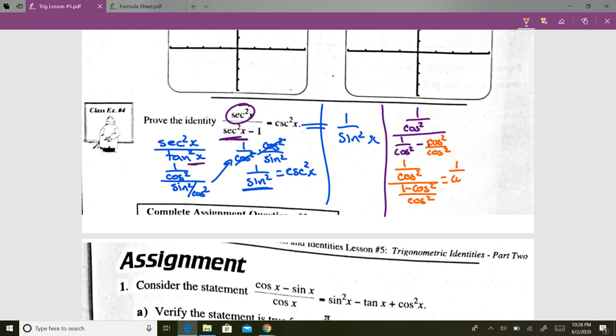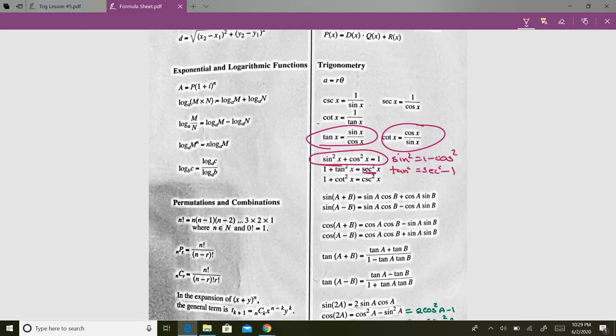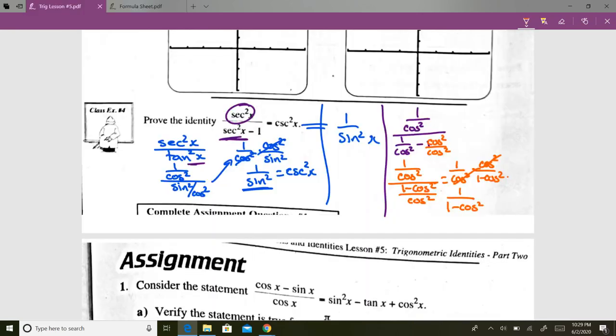So it's 1 over cos squared times cos squared over 1 minus cos squared. Cos squareds cancel. So I'm left with 1 over 1 minus cos squared. And then hopefully you recognize that 1 minus cos squared is sine squared. So 1 over sine squared, which is that.